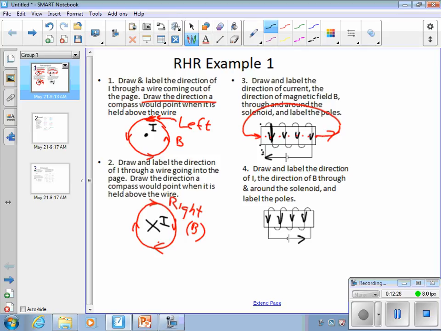The current is still pointing downwards on the front side. So whether I use the original flavor of the curled right-hand rule or the alternate version of the curled right-hand rule, the magnetic field is pointing which way? Okay, yes, it's pointing to the right.